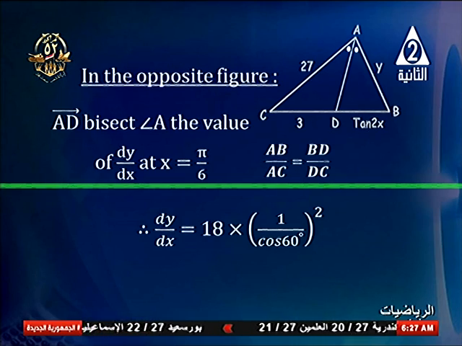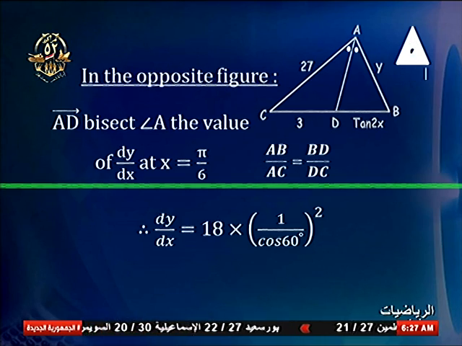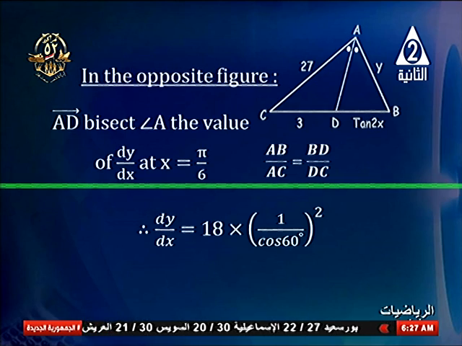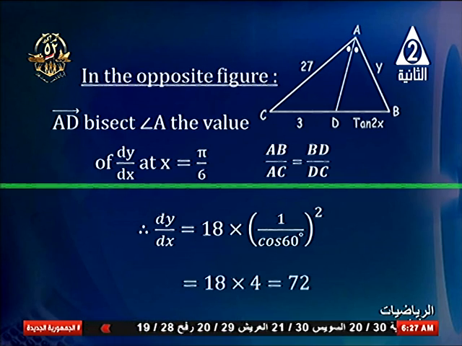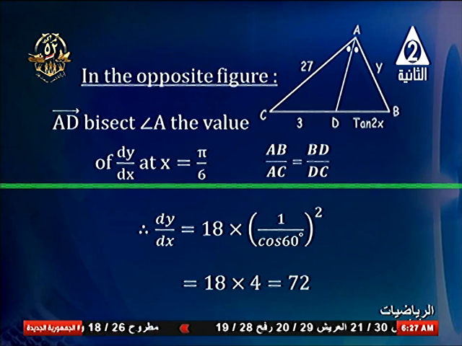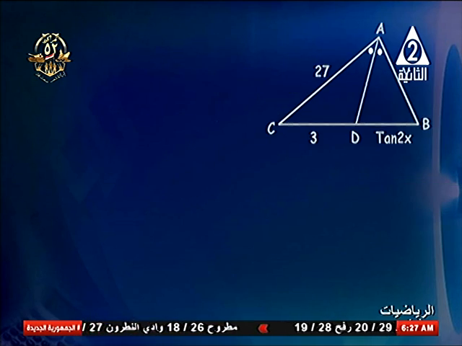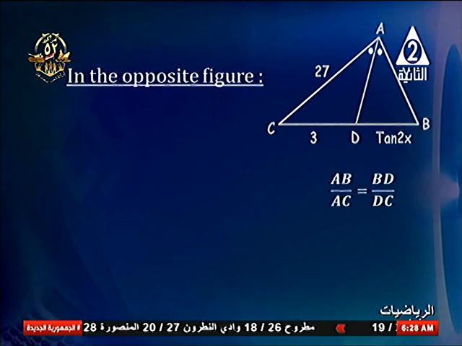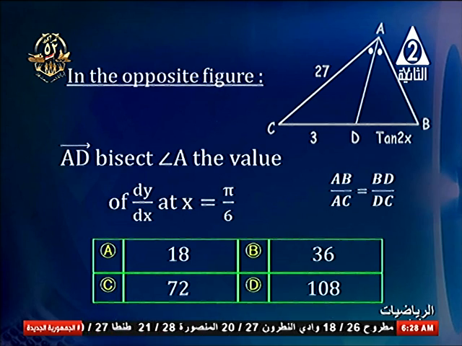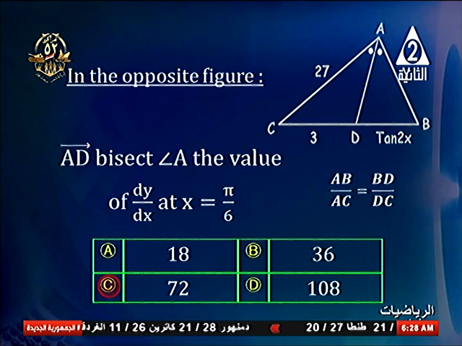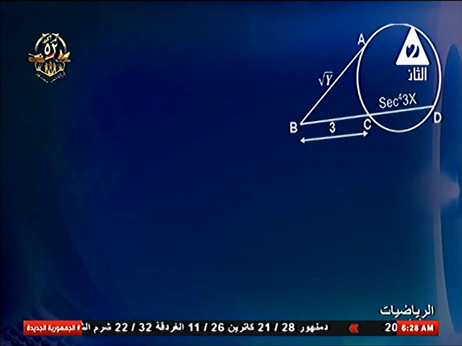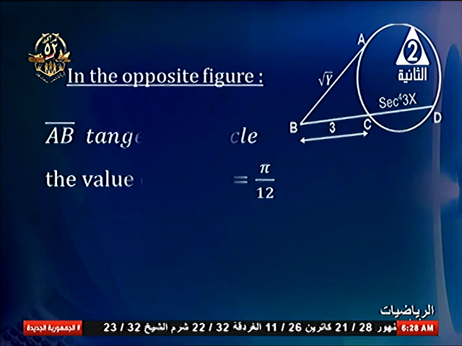Excellent student, equals 2, and squared it equals 4. The answer is 4 times 18, which is 72. Then the correct answer from the letters is letter C, 72. Now we move to another example.